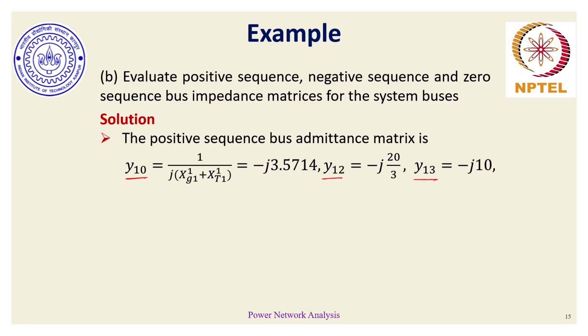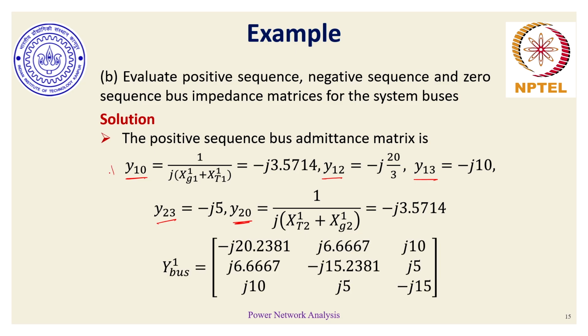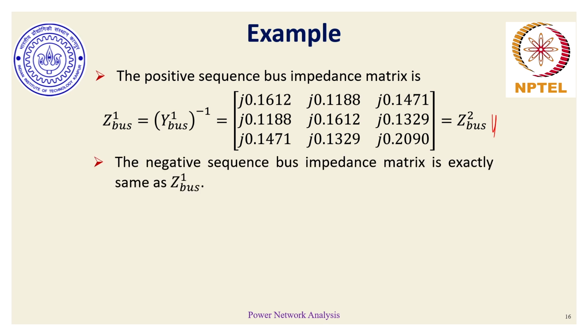Y12 and Y13 pertain to the line parameters, Y23 also pertains to line parameters, whereas Y20 is the connection of the machine's internal reactance, transformer's leakage reactance as well as the ground with respect to the bus. Once we know these Y elements, the Y bus evaluation remains the same, as shown over here. The negative sequence admittance matrix will be the same as the positive sequence admittance matrix. The only difference is that in the negative sequence network, sources won't be present.